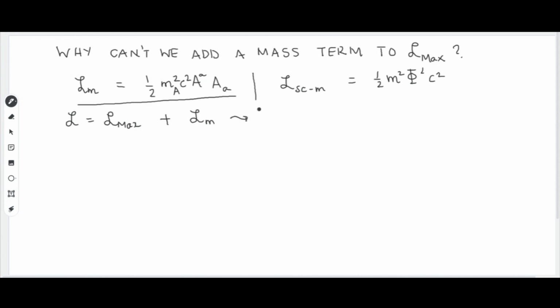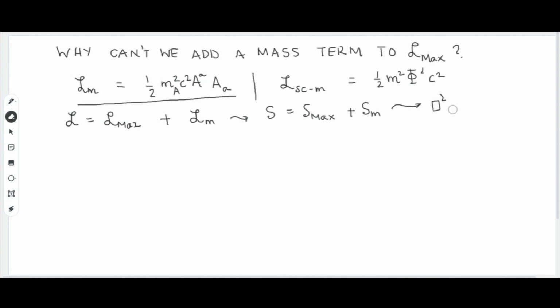So the action will also be S equal to S_Maxwell plus S_m. And that should lead to an equation of motion, box squared A_B. Actually, it's very easy to write down in another way.